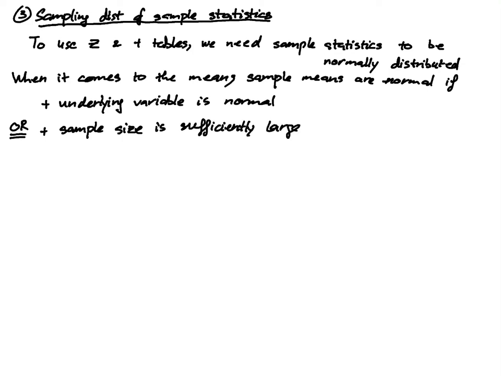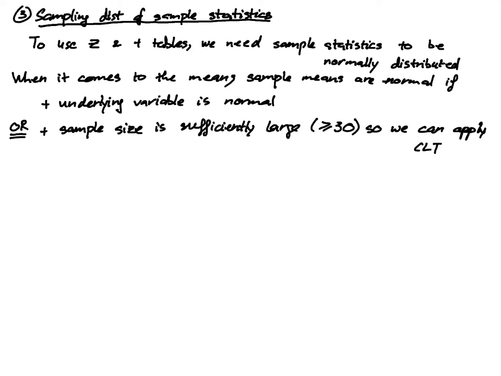And by sufficiently large, we're talking about sample sizes of greater than or equal to 30 observations, so that we can apply the central limit theorem. Remember that the central limit theorem states that regardless of the distribution of the underlying variable, as long as you have a large enough sample size, the sampling distribution of the sample means will be normal.